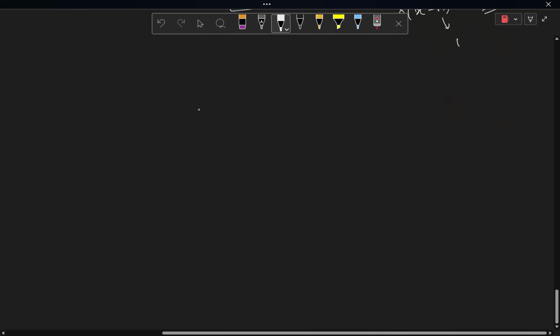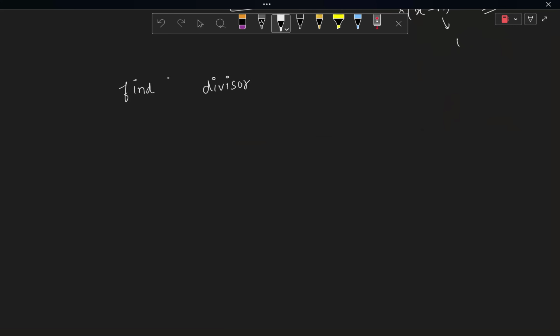So one different way, it is a little conceptual thing, is that you can just find all the divisors of x, and after that, check every divisor greater than or equal to n, and just store the minimum of all of these divisors.